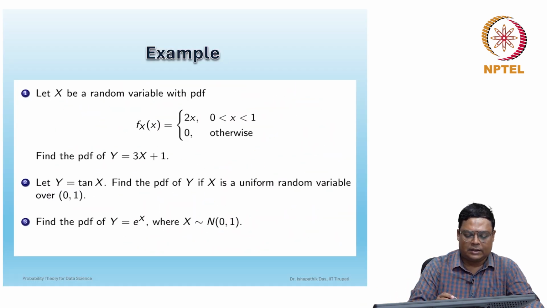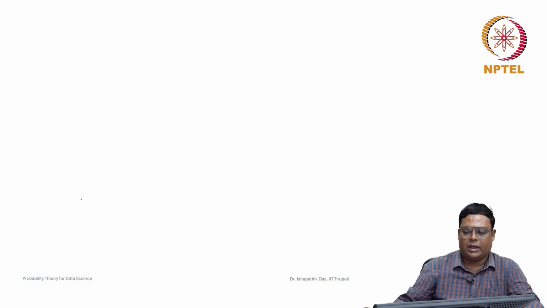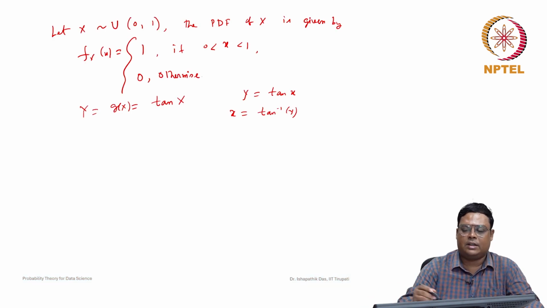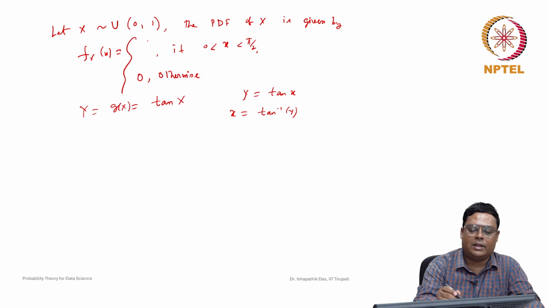It is probably meant to be a uniform distribution on 0 to pi by 2, because we know that tan is increasing in 0 to pi by 2. So this is pi by 2 minus 0, and the density is 1 by (b minus a).